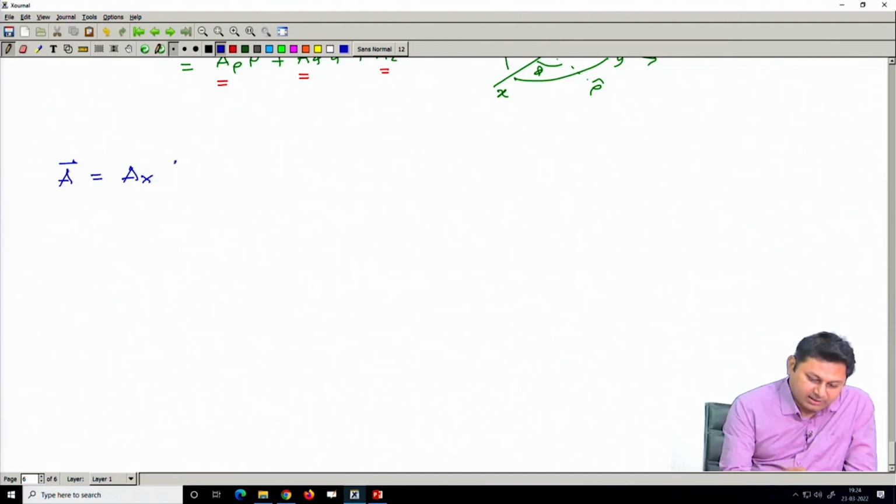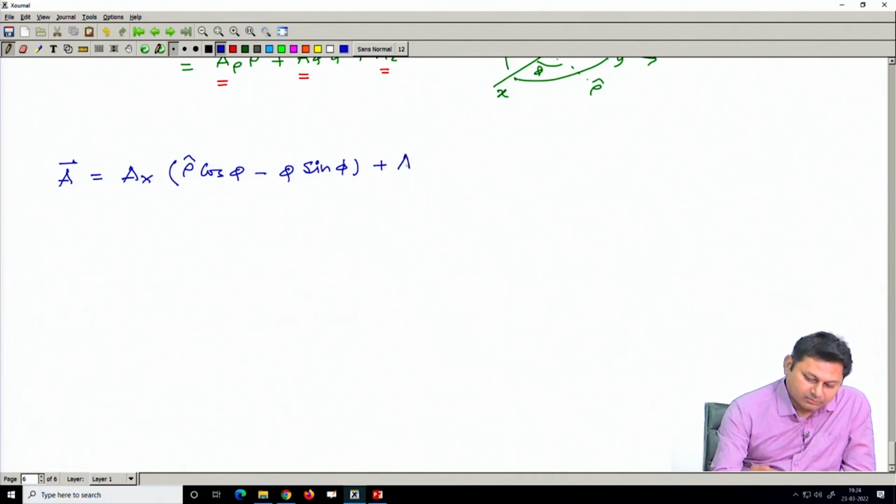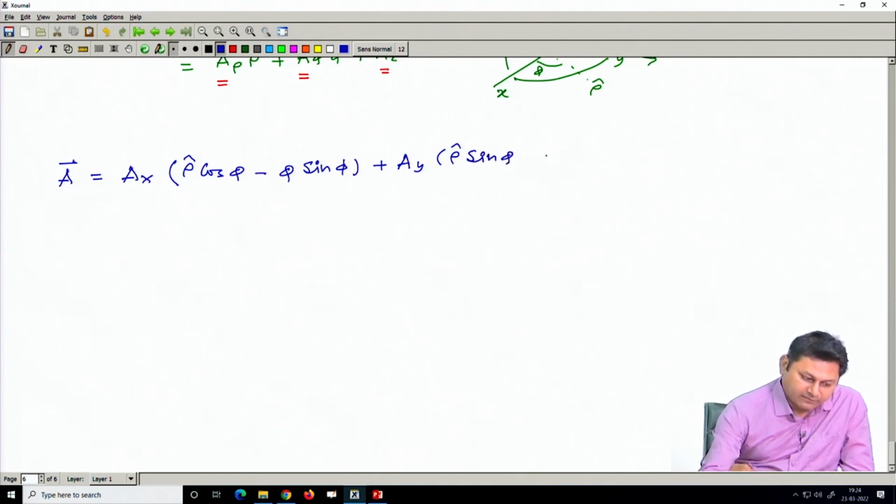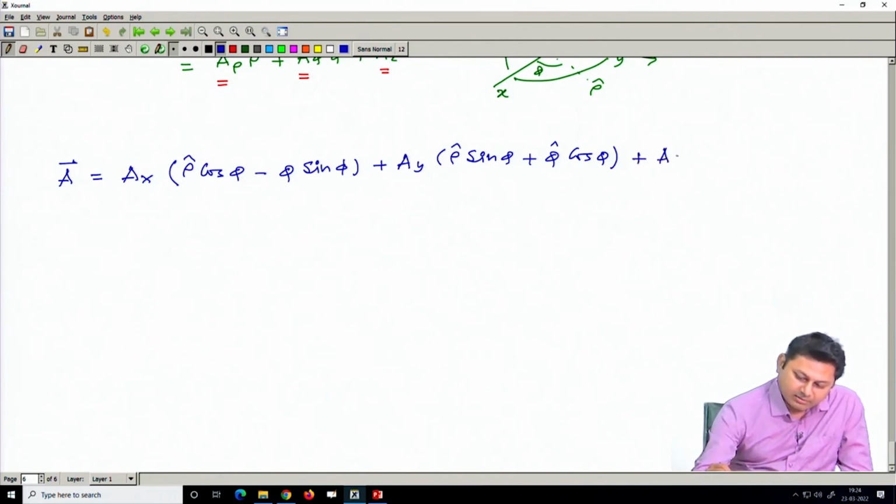A x times rho unit vector cos phi, minus phi unit vector sin phi, plus A y times, what was j? It was rho unit vector sin phi plus phi unit vector cos phi. And what is z? z is simply the z unit vector.